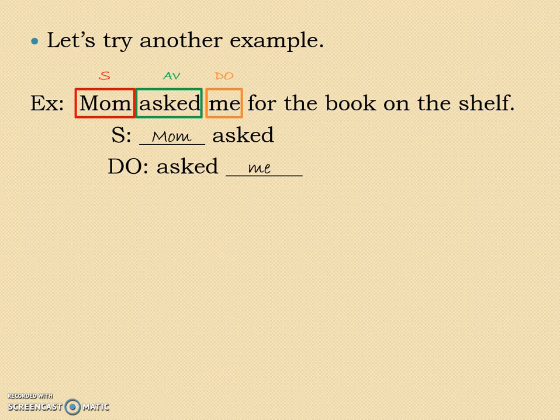Now, normally an indirect object goes between the verb and the direct object, and I do not have a word between the verb and the direct object. So I automatically know I do not have an indirect object, and my formula is complete.